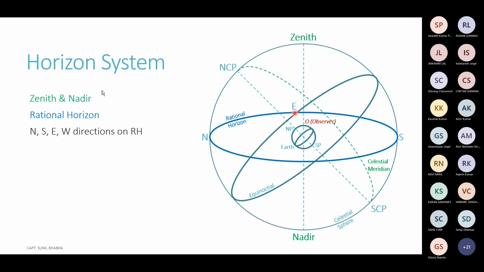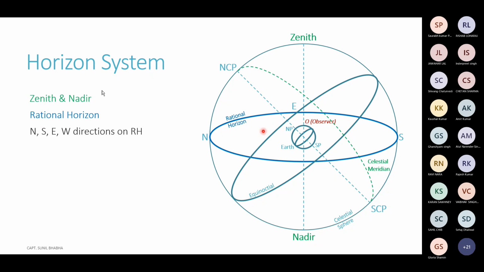You are looking right ahead. The point which you see right ahead is the north point on your horizon. Now from that point, if you go towards the right or towards your starboard side for this particular ship, if you go to the right by 90 degrees, this is the easterly direction for you, or the 090 direction for you. So exactly the same thing is represented here in 3D.